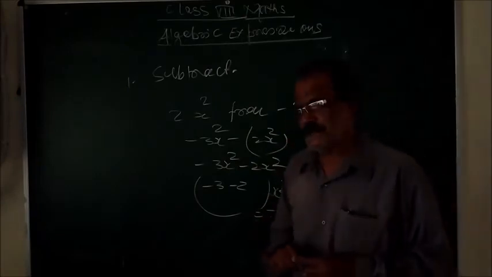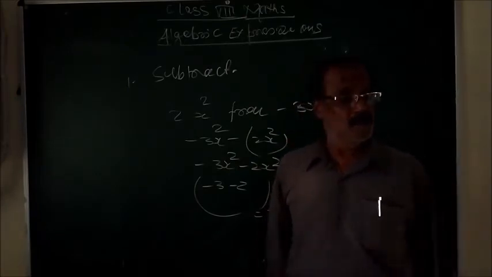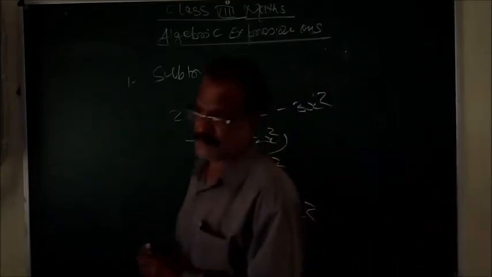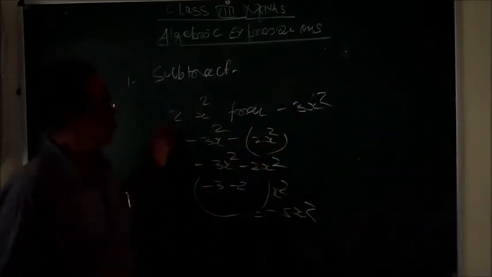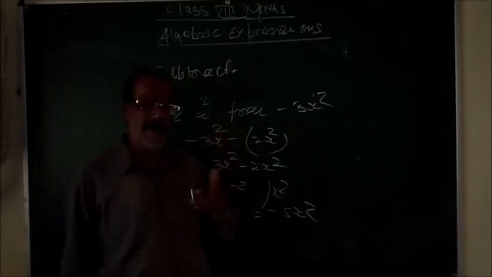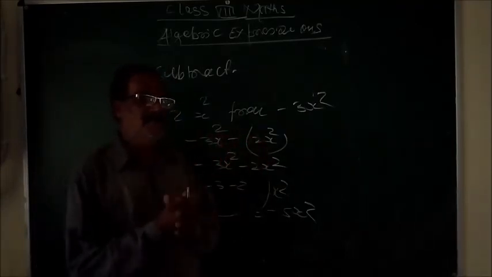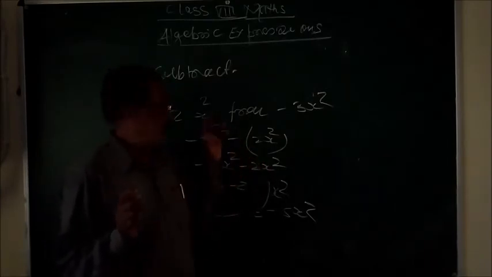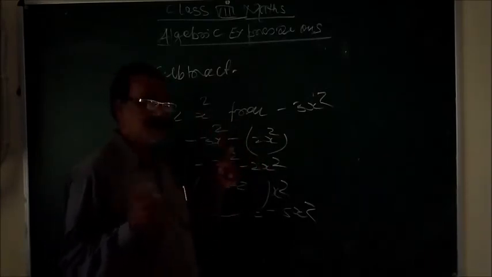The variable is a quantity whose value can vary or change. That is the meaning of variable. Generally in algebra we use English alphabets A, B, C or X, Y, Z to represent the variables.